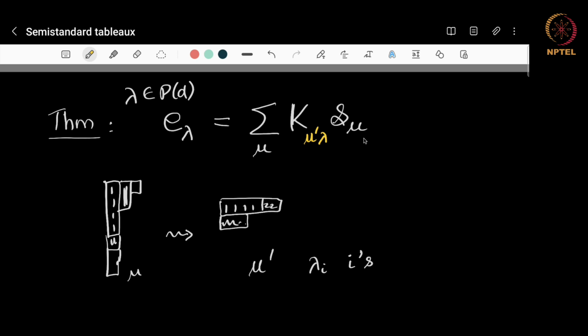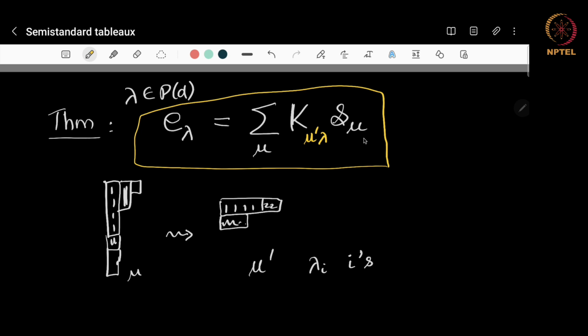I've just conjugated my shape so that I don't have to invent a new notion of semi-standard column tableau. So that's the final answer here. E lambda is summation k mu prime lambda s mu, where k mu prime lambda still means the same thing: semi-standard tableaux in the usual sense, with final shape mu prime and whose content or type is lambda.